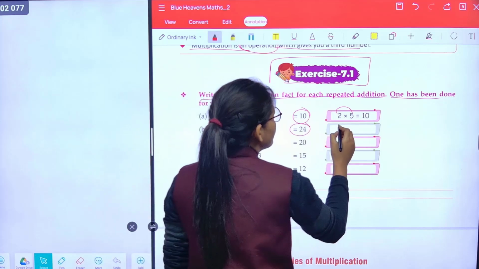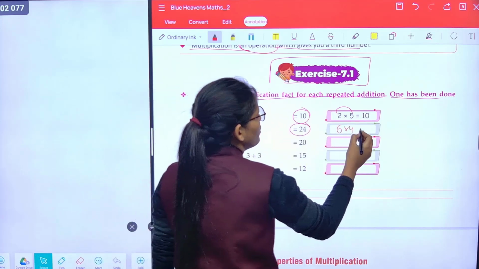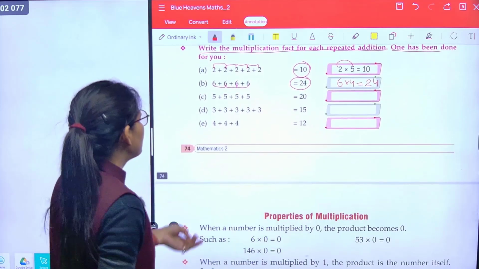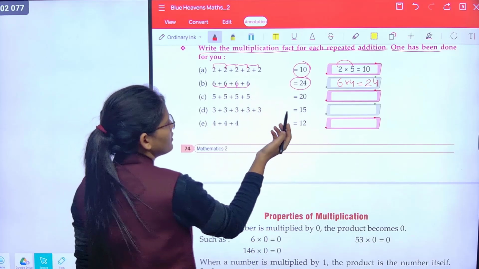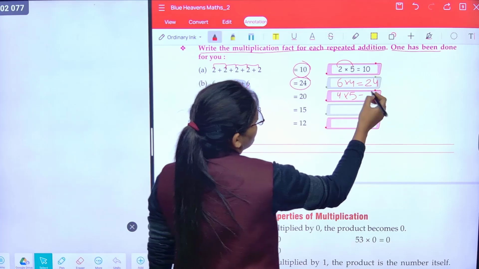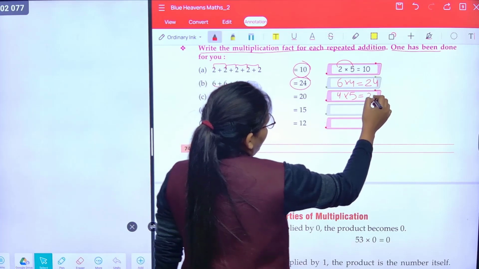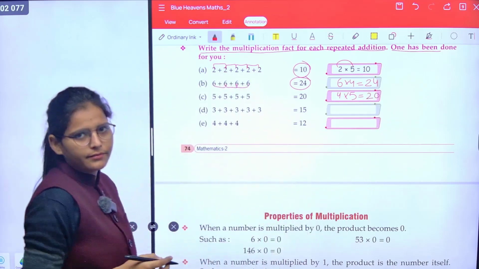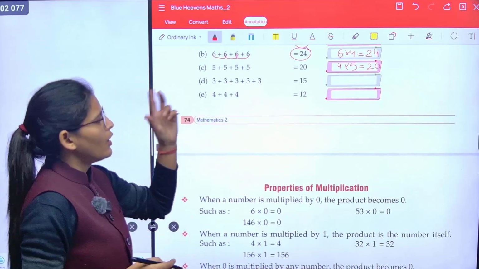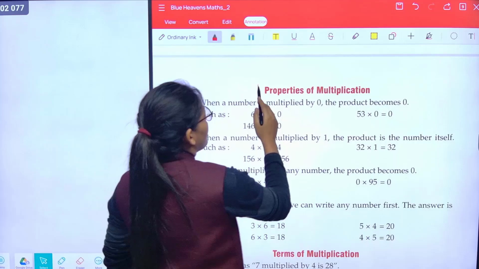And we can write it as 6 multiplied by 4 is equal to 24. Understand? Similarly, 4 times 5, 5 times 4 is equal to 5 4s are 20. Understand? Rest of the parts, do it yourself class.